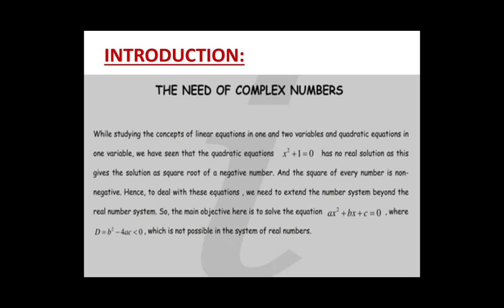Hence, to deal with these equations, we need to extend the number system beyond the real number system. So the main objective here is to solve the equation ax square plus bx plus c equal to 0, where d is equal to b square minus 4ac, which is not possible in the system of real numbers.